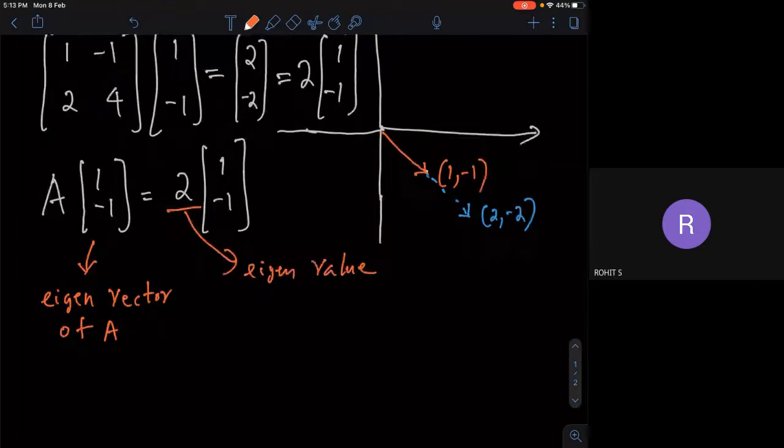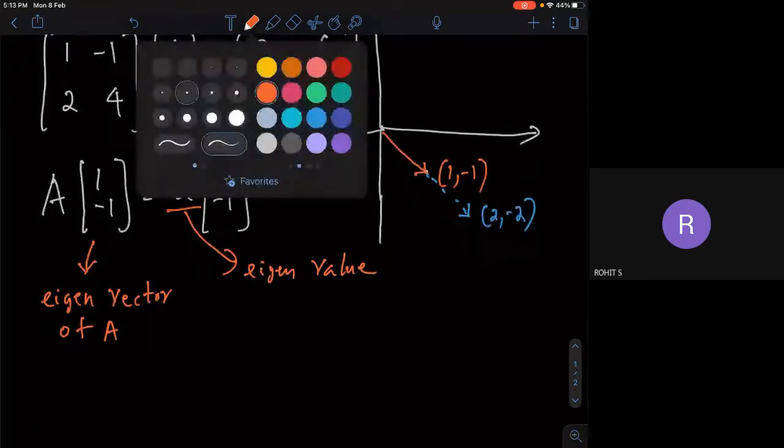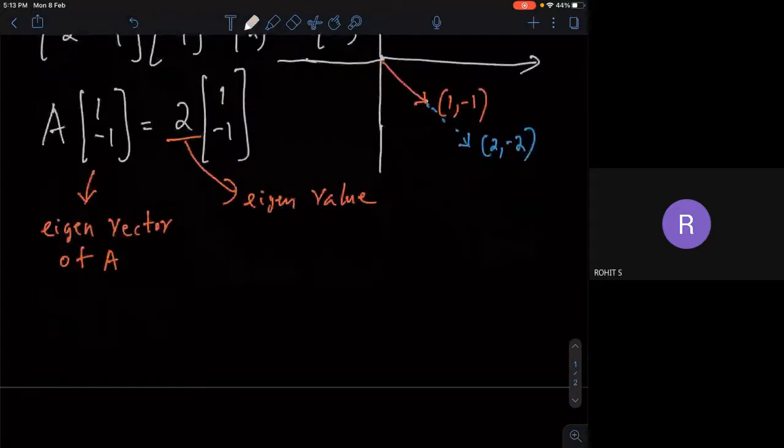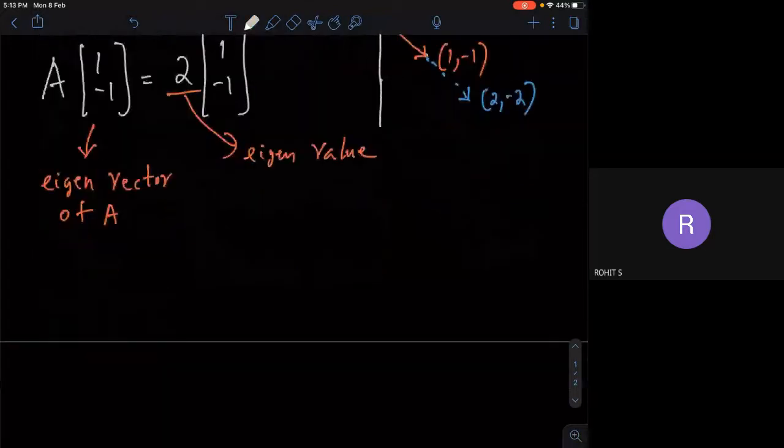So if I formally say what is an eigenvector and an eigenvalue, you should think of Ax. We will write Ax is equal to lambda x.